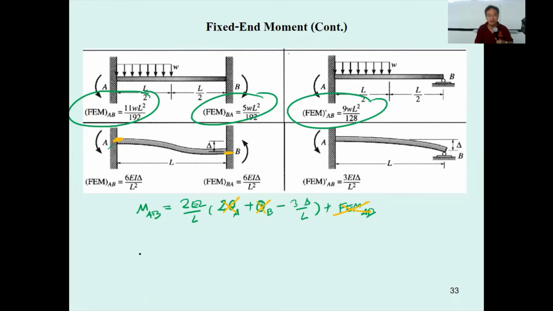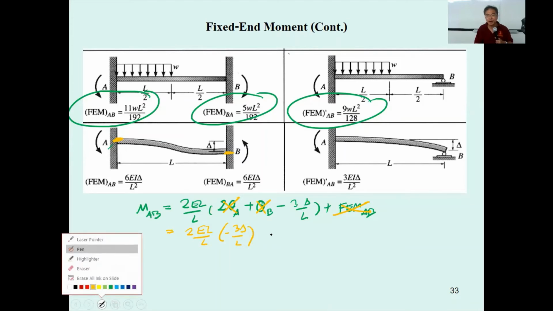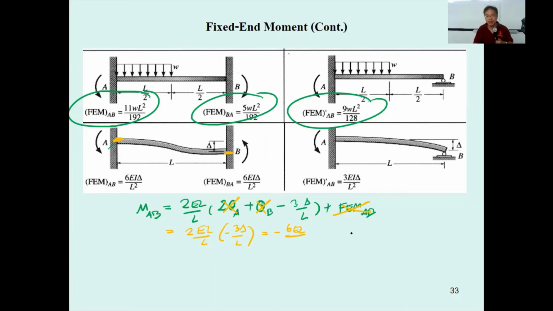This one is 0. So now you have M sub AB equals 2EI over L times minus 3 delta over L. By doing this, you get this to be equal to minus 6EI delta over L square.